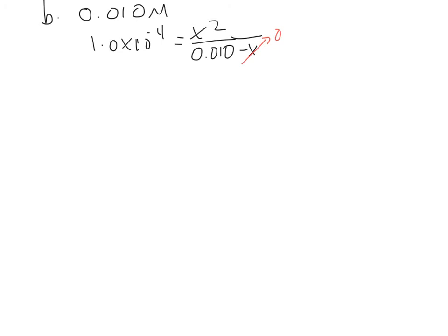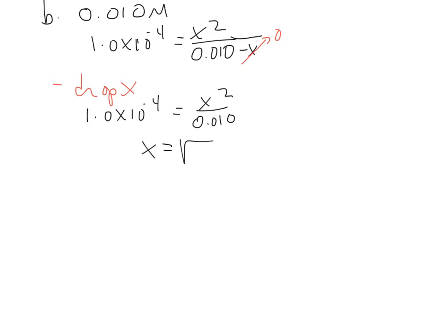So we're going to do both ways. The first way, we'll just look at dropping x. And when we do, we've got 1.0 times 10 to the minus 4 is equal to x squared over 0.010. So x will be equal to the square root of 0.010 times 1.0 times 10 to the minus 4.